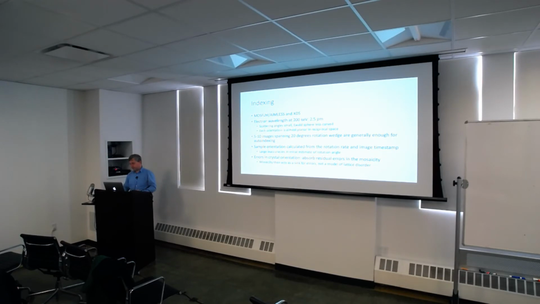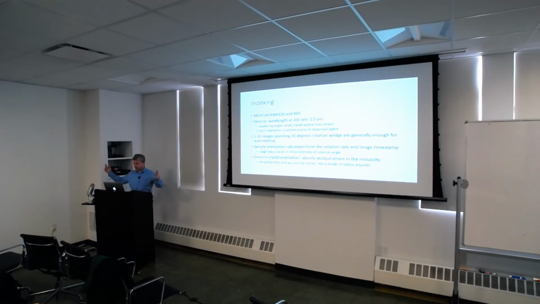So indexing: once you collect your images and move them into a standard X-ray format, it becomes virtually identical to standard X-ray processing. You have to know the wavelength of the electrons. The complicating factor is the flatness of the Ewald sphere because of the small wavelength.